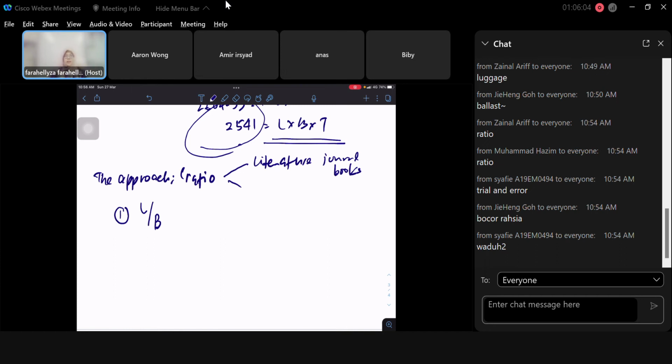For barge, for cargo vessel, there are different L upon B ratios. For tankers, there are different L upon B ratios. So there are many ratios that you can refer to. That one is from journals or from books, basically from Papanikolaou books or from Watson books.